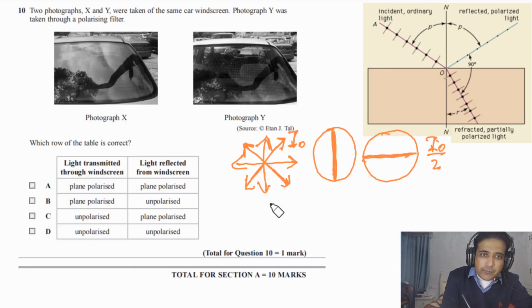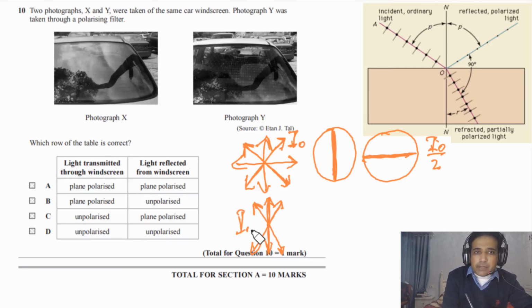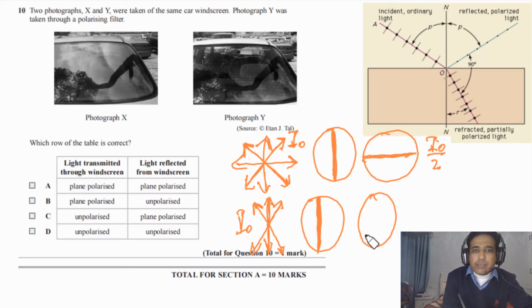Now if we have partially polarized light, let me draw here. Let's say this light represents partially polarized light, and the intensity is I naught. In front of it, we place a vertical polarizer, and then we rotate it by 90 degrees.